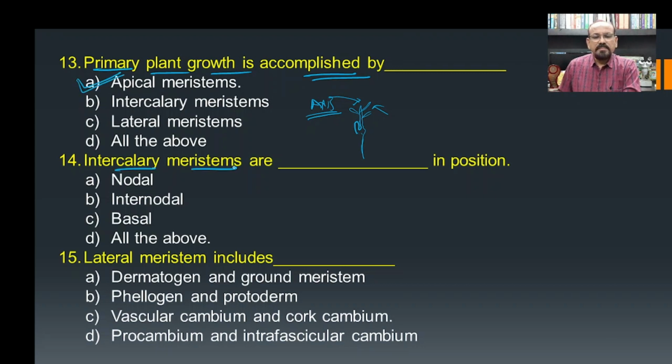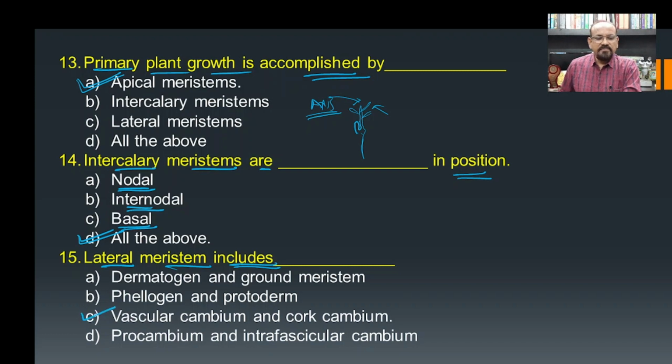Then, intercalary meristems are in a position: intercalary meristems are present in the nodal region as well as the internodal region as well as the basal region, and hence all the above become the answer for this question. Lateral meristems include, if you see, the lateral meristems which are involved in the lateral growth of the plant body, that is in the diameter, by means of secondary growth.